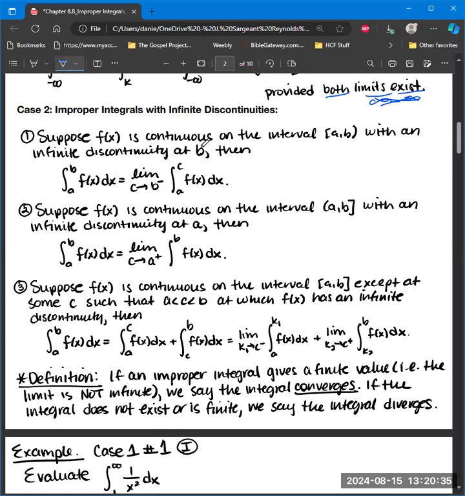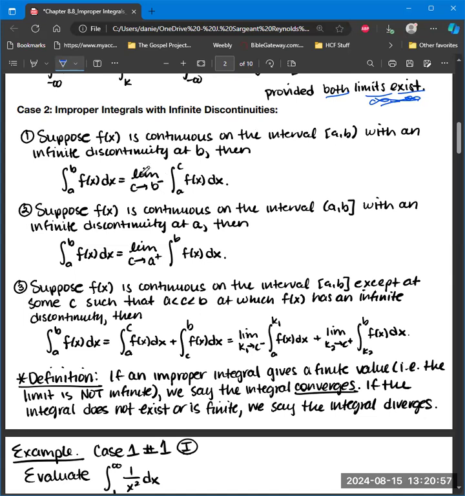So if f of x is continuous on the interval closed on the a side but open on the b side, because I can approach b but not get to it, with an infinite discontinuity at b, then when I try to integrate from a to b, I really need to integrate approaching b from the left-hand side.